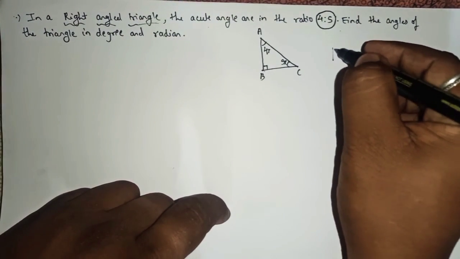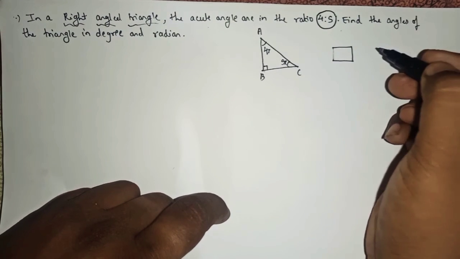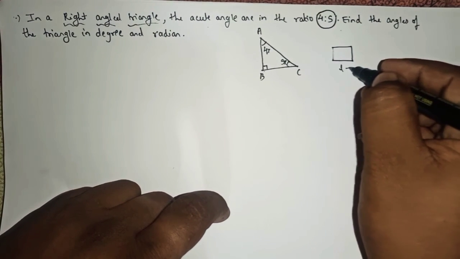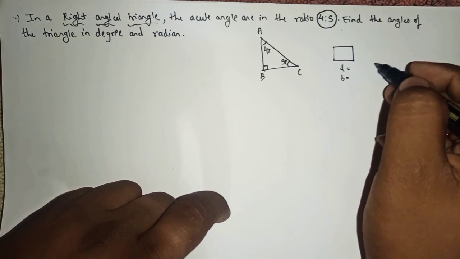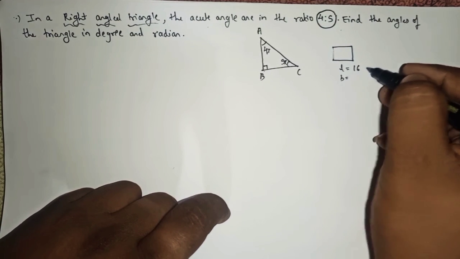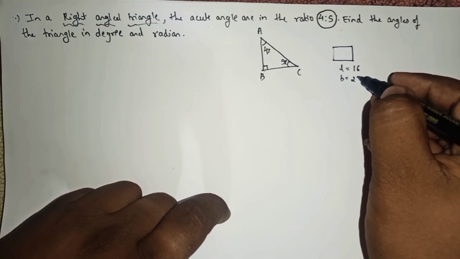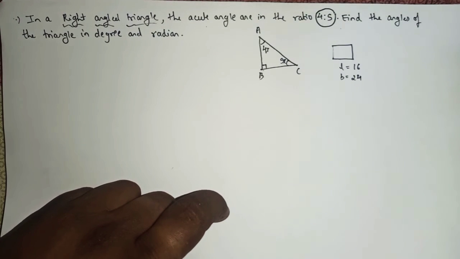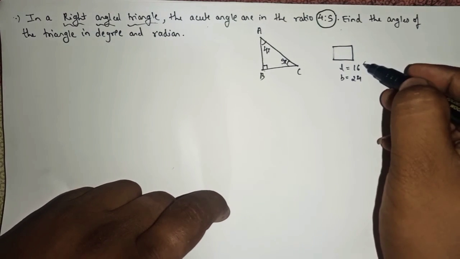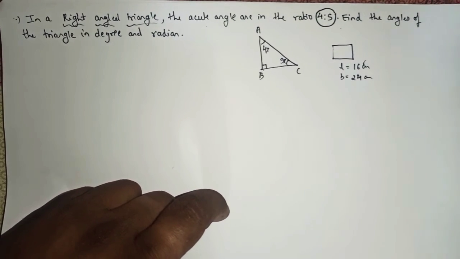Suppose I say the length and breadth of a rectangle are 16 and 24, so what will be its ratio? The actual values are 16 centimeter and 24 centimeter.